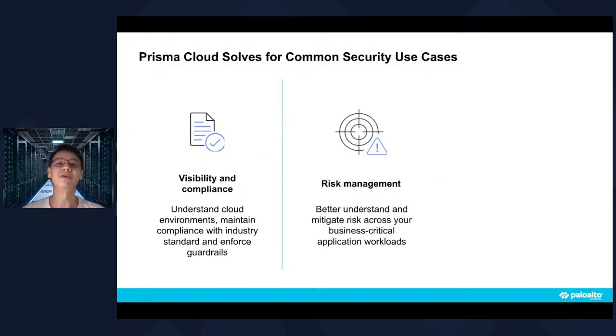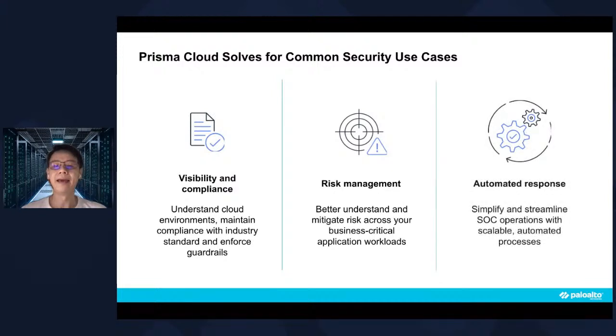And number two, we provide risk management. This will let you understand the risk that happens to your business. Because there will be a lot of risks, but which one do we have to pay attention to? That's why we provide levels of severity for the risks that happen in your environment.